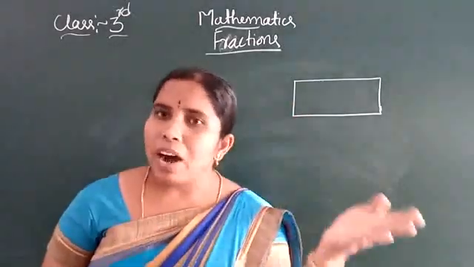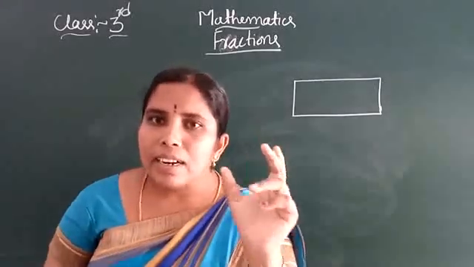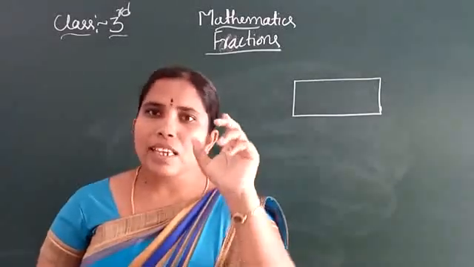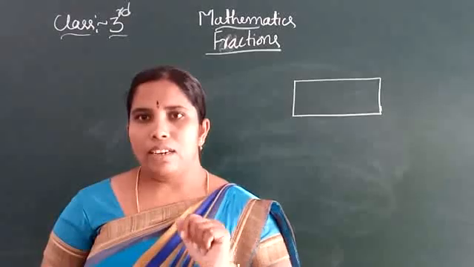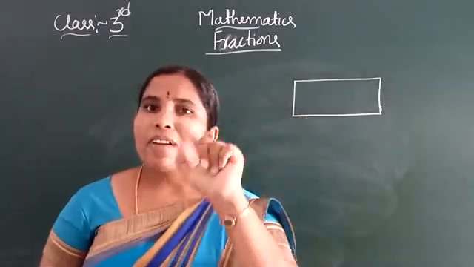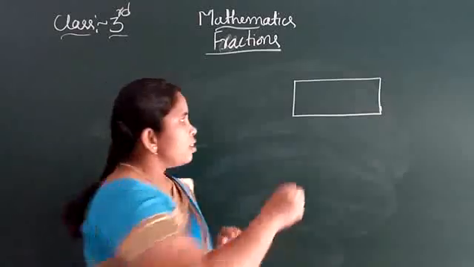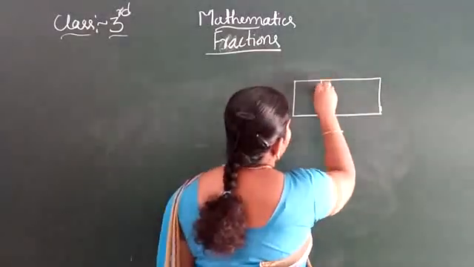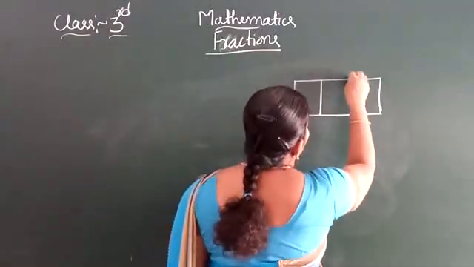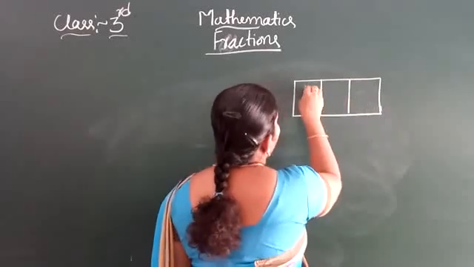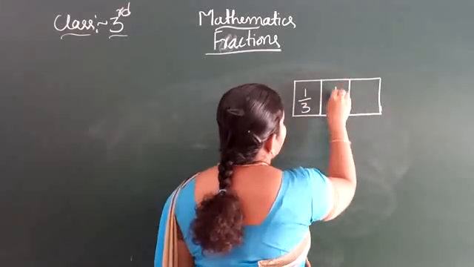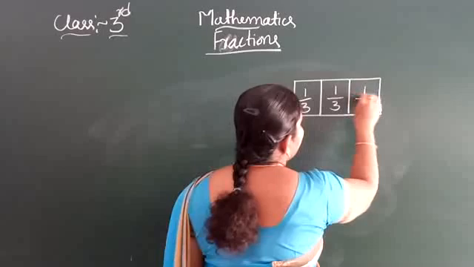Each equal part is 1/3. We can represent it as 1/3. Each part is called a fraction. See, observe, we can divide it like that: 1/3, 1/3, 1/3.